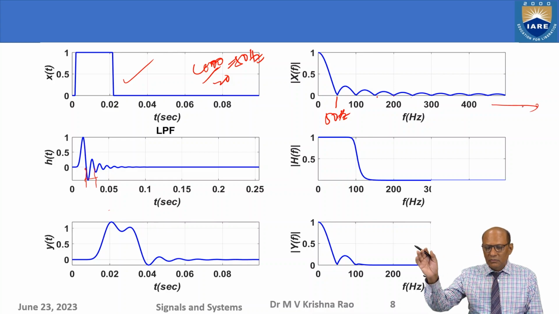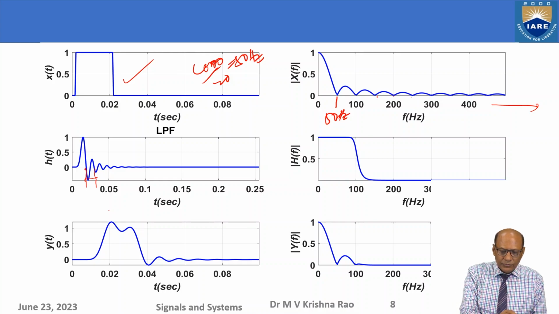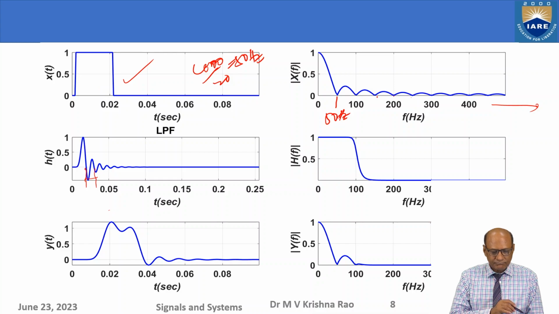Since the distance between nulls has increased while the number of lobes is the same, it will extend up to maybe 1000 Hz, reaching the level you saw earlier.